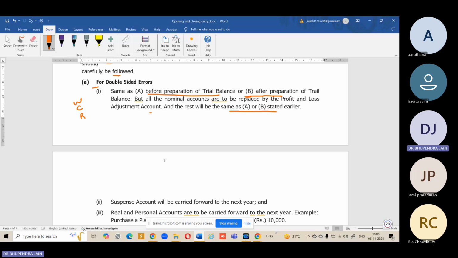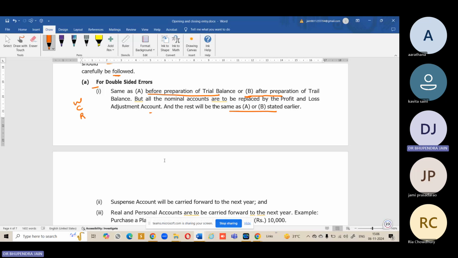We have already discussed, I think in the third and fourth class, three types of account. Number first, personal account. Number second, real account. Number third is the nominal account. Accounts which are related to expenses or losses or income or gains are all classified under the nominal account.